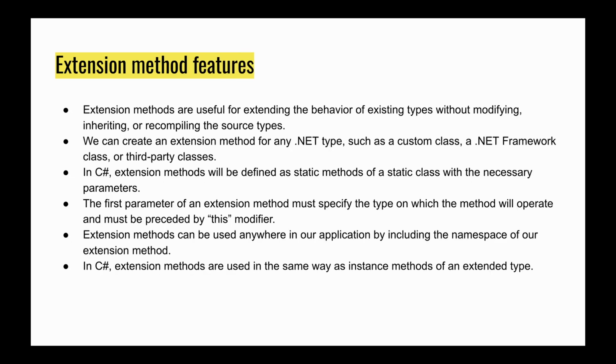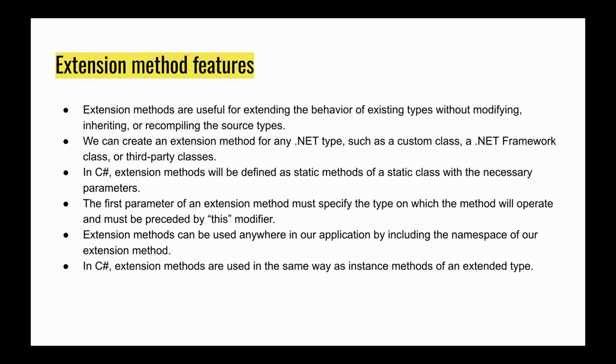Following are the important points that we should remember about extension methods. Extension methods are useful for extending the behavior of existing types without modifying, inheriting, or recompiling the source types. We can create an extension method for any .NET type, such as a custom class, a .NET Framework class, or third-party classes.